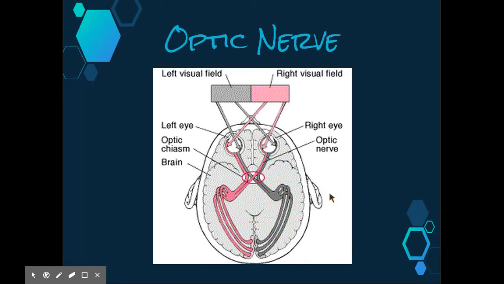So the optic nerves are the sensory nerves involved in vision. So fibers arise from the retina of the eye to form the optic nerve, which we looked at in detail when we looked at the retina. Each optic nerve passes through the skull via an opening in the eye socket towards the back.